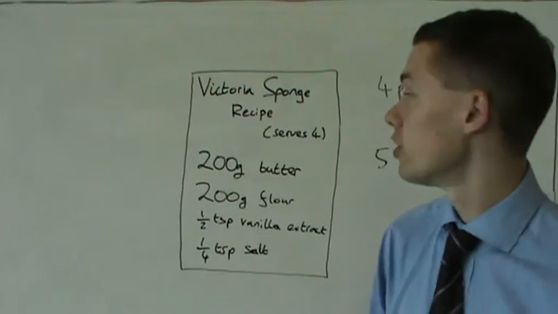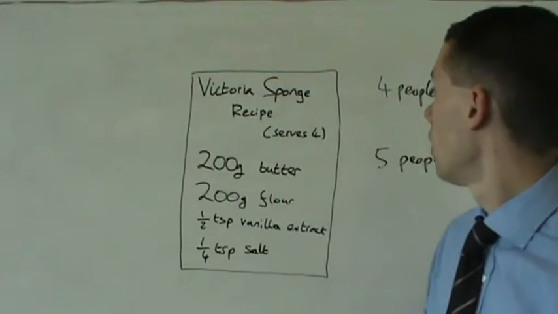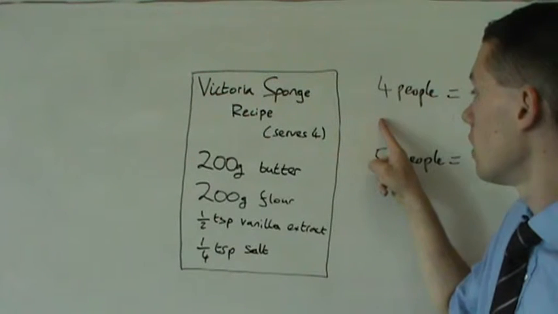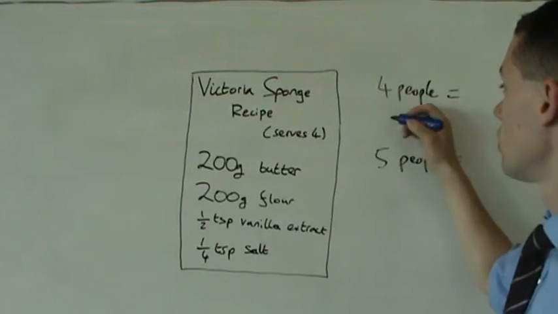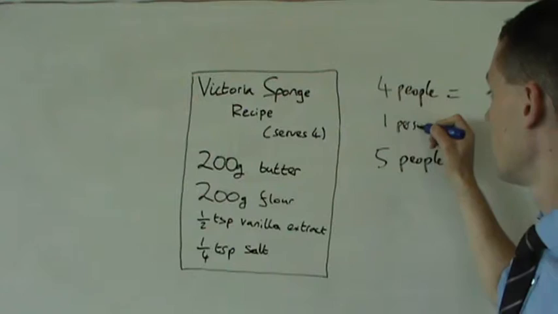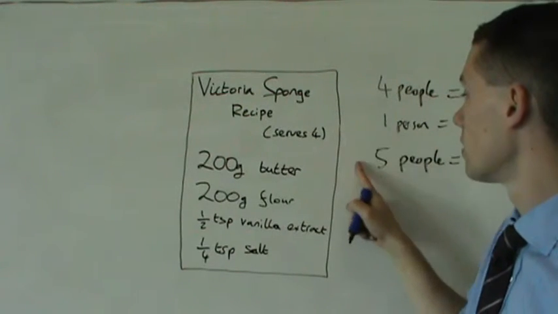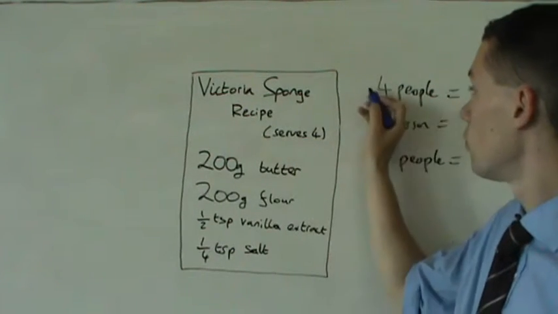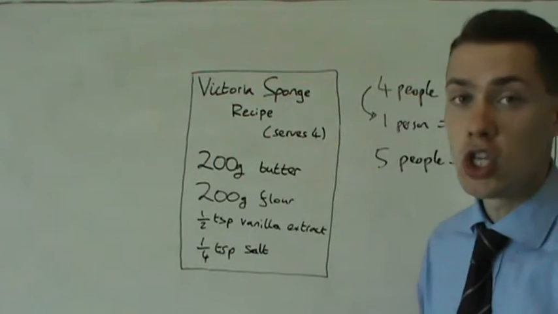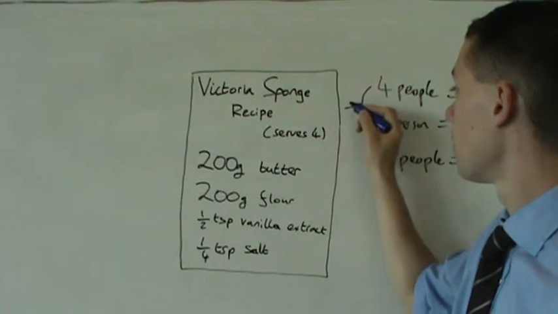Now when conversing using direct proportion, if you remember, we go from 4 down to 1 to start off with, to 1 person. Then we go from 1 to 5. Now to go from 4 to 1, you divide by 4.